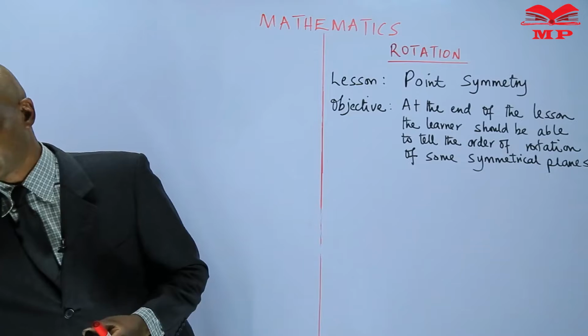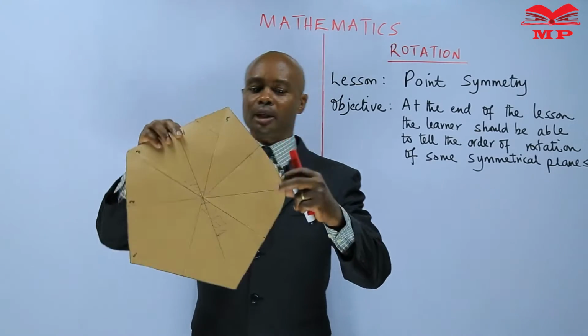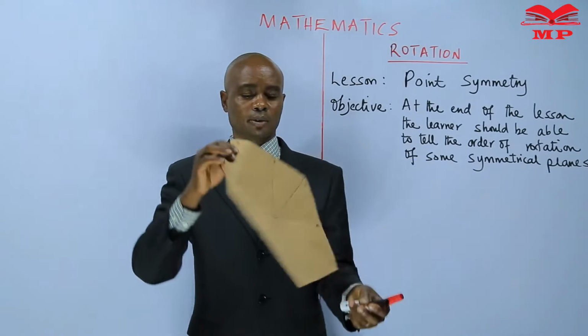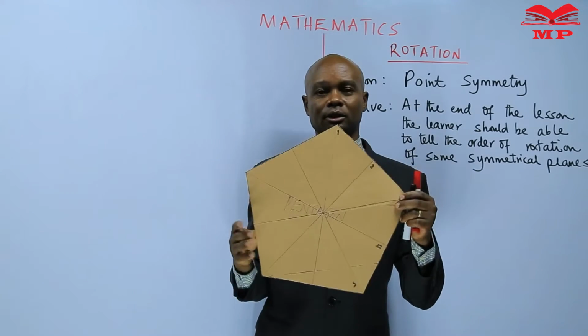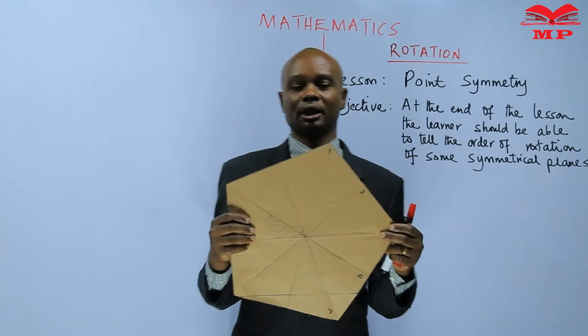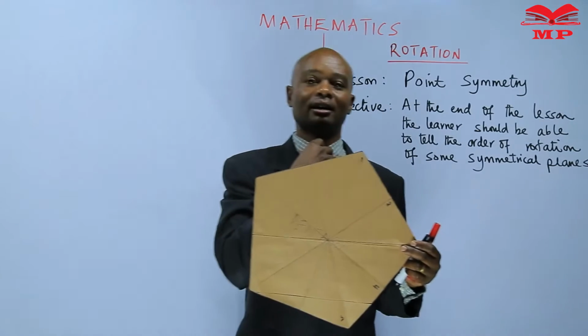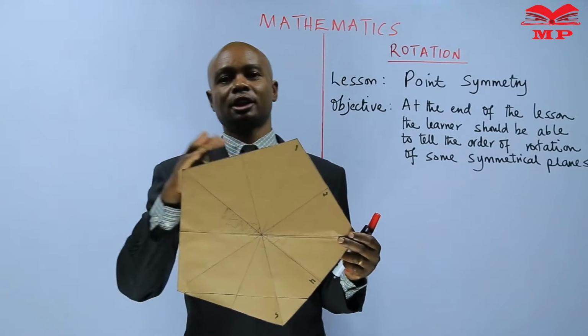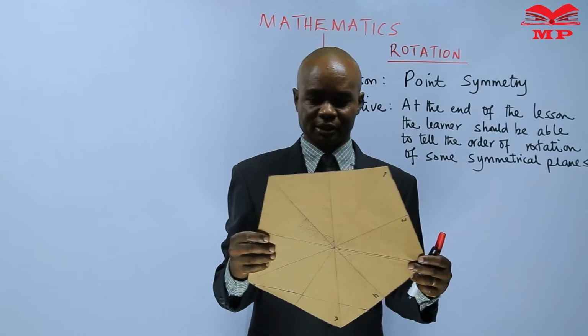So we shall try by looking at the pentagon. In the earlier lesson, we learned that any polygon will have the number of lines of symmetry equal to the number of sides.